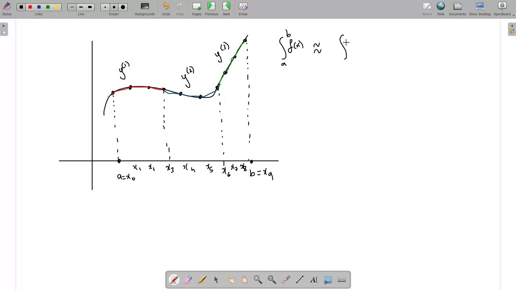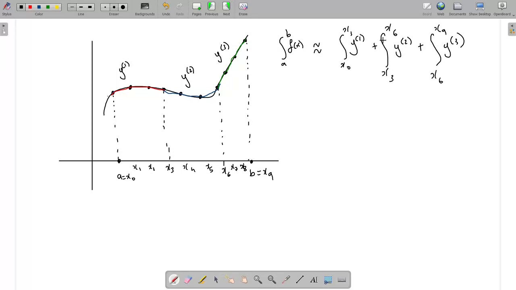So this would be approximately the integral from x0 to x3 of y1 plus the integral from x3 to x6 of y2 plus the integral from x6 to x9 of y3. Okay, this would be the technique that we use to estimate the integral.